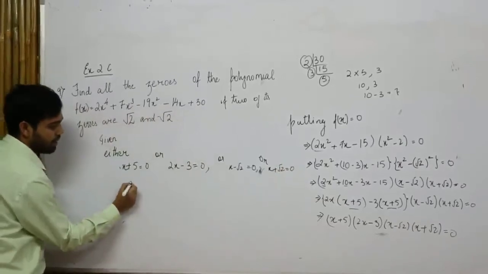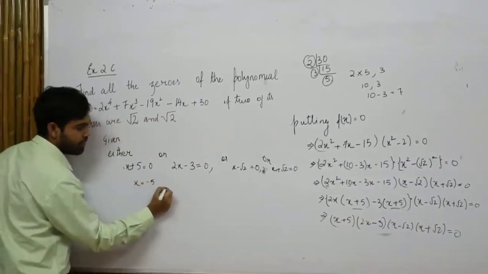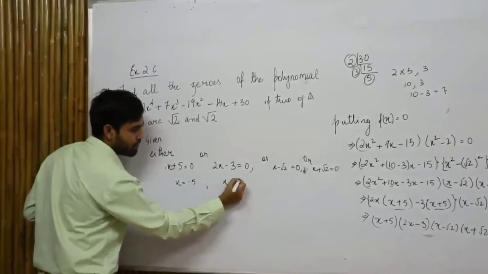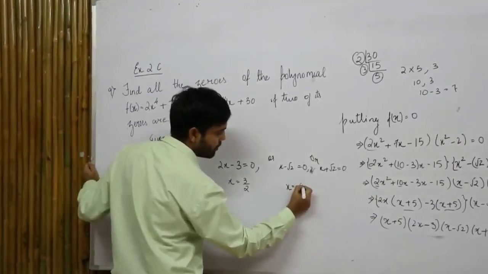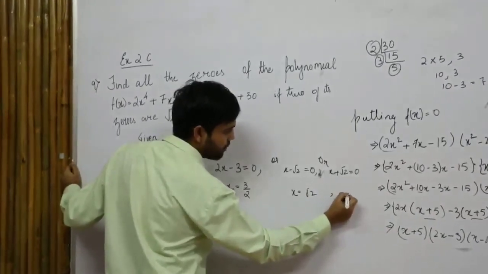So from here I have x is equal to minus 5 or x is equal to 3 by 2, and from here I have x is equal to root 2 and x is equal to minus root 2.